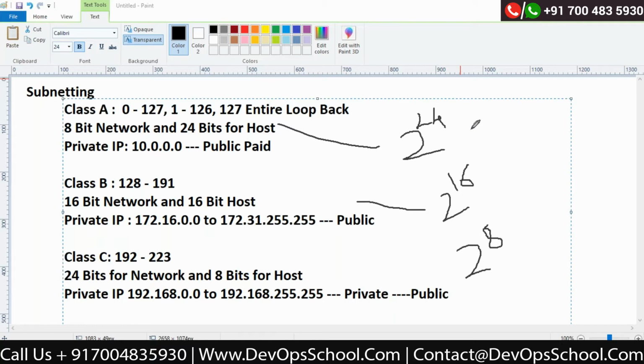Class D and class E are completely reserved. Class D is used for multicasting purposes. We will see that. Okay, but you cannot assign a class D IP address to your computer or devices.